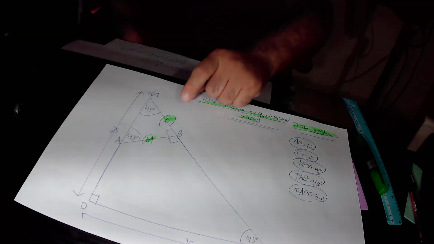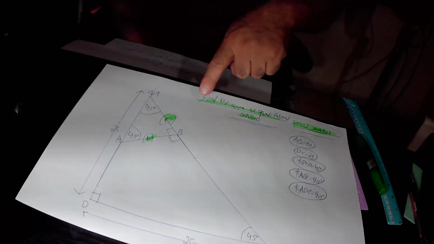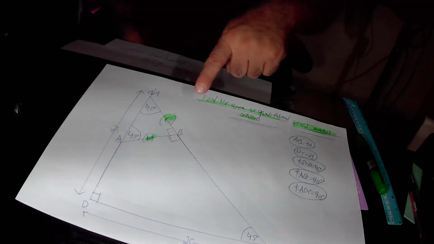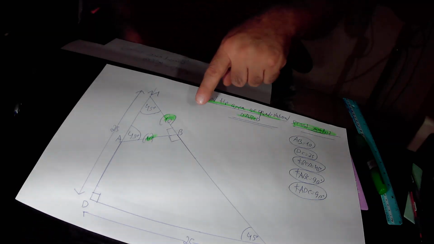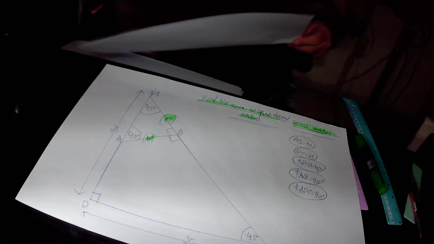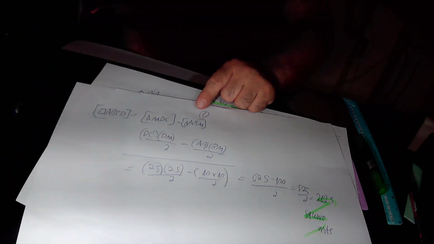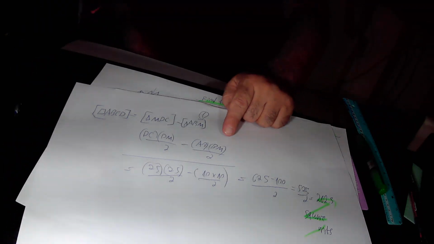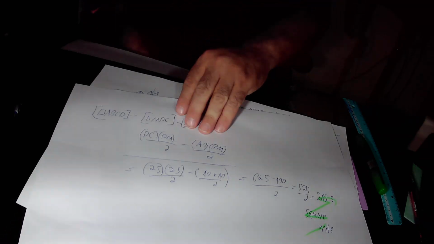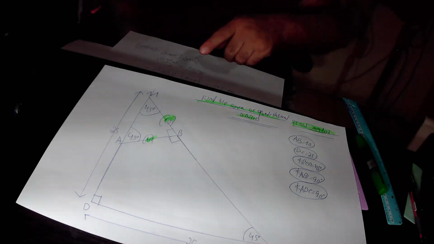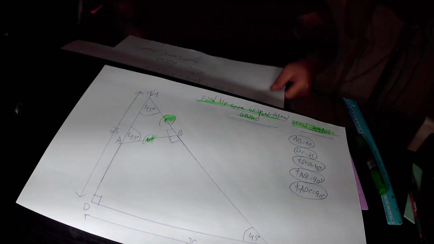The area of the right triangle ABM equals the base AB times the height BM over 2. DC is 25, MD is also 25.